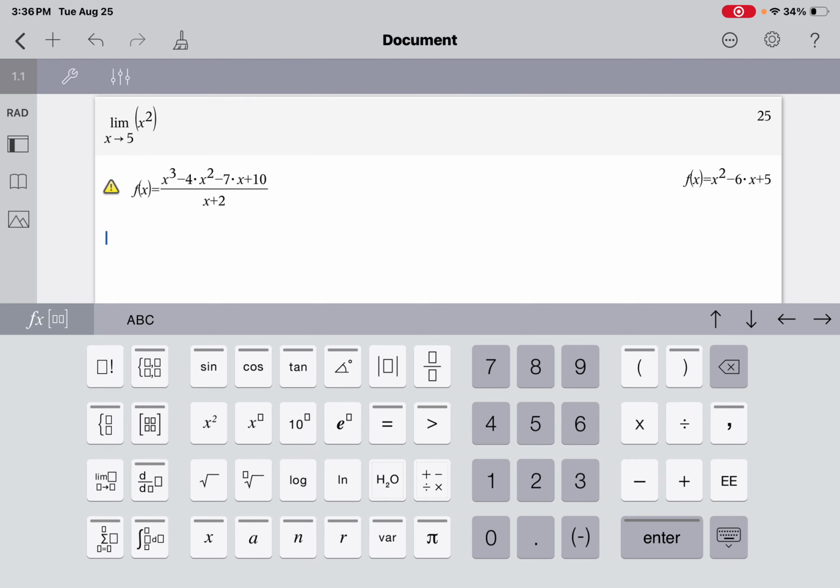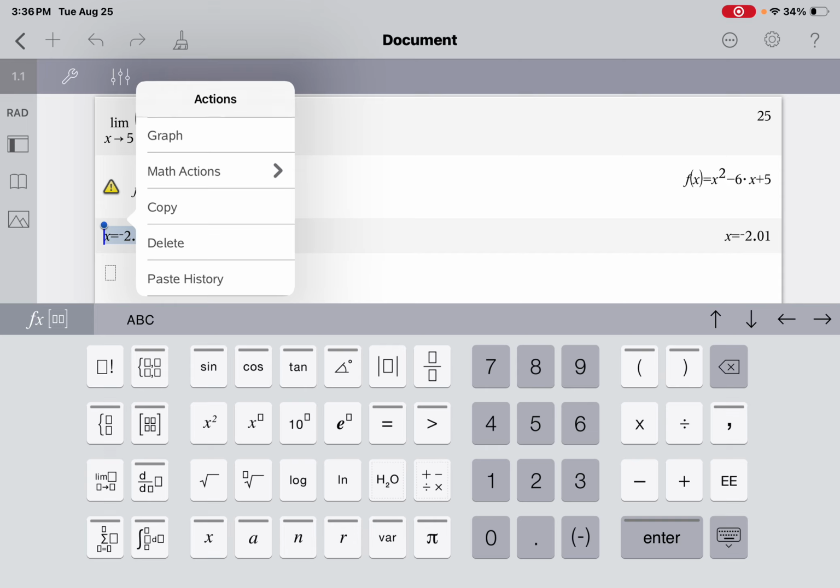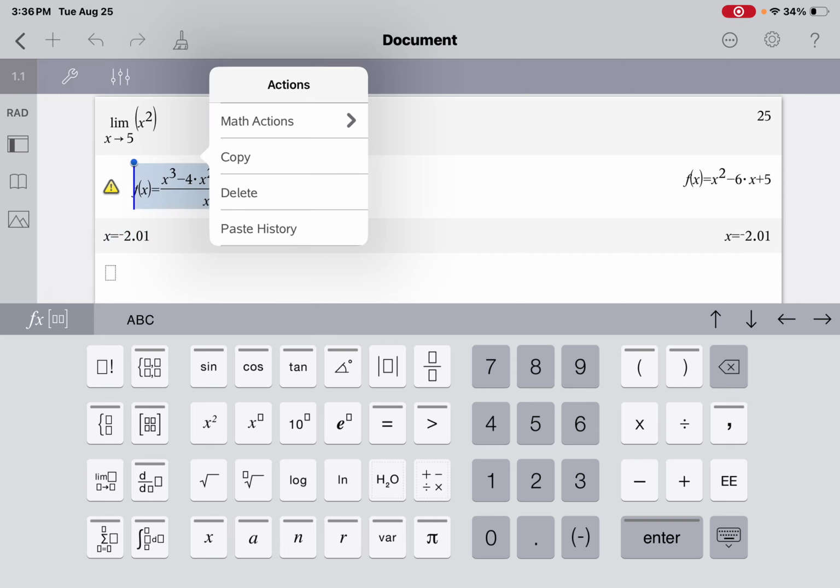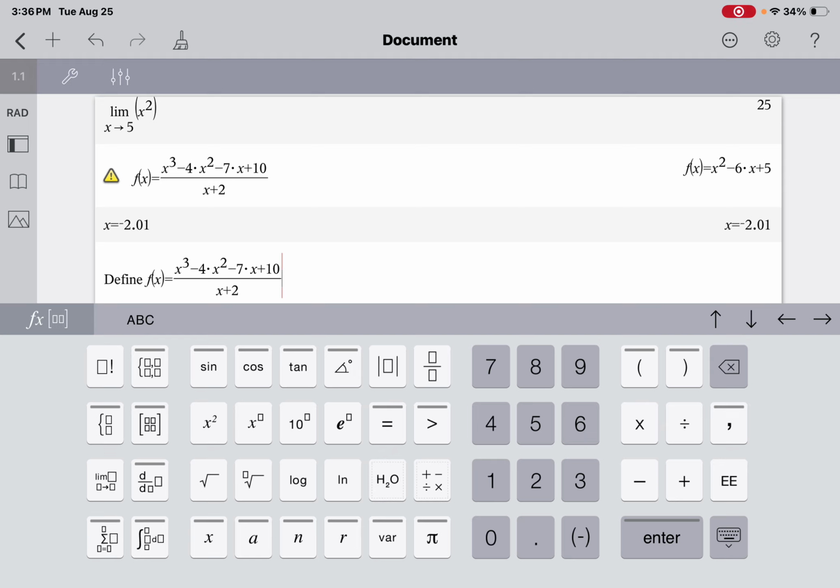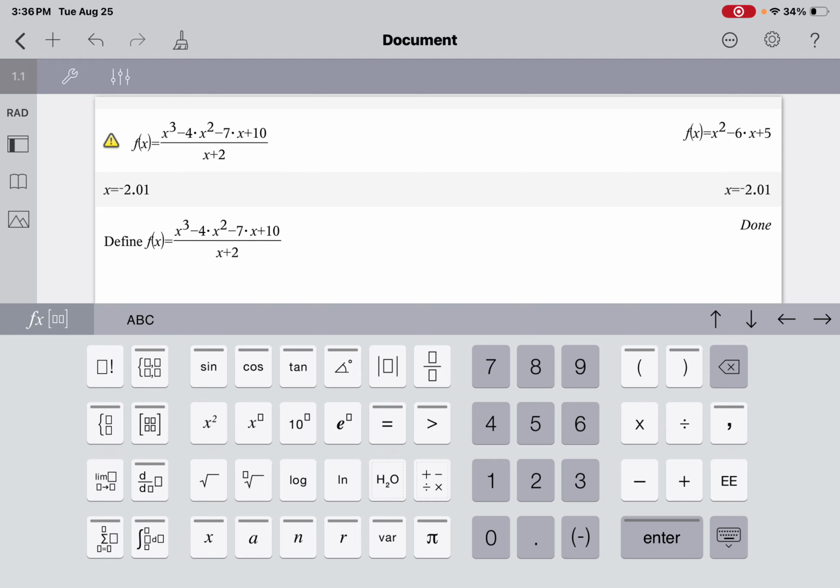Now that I have that function, I should be able to just type in x equals -2.01. That's not doing what I want it to do. Let me try that again.